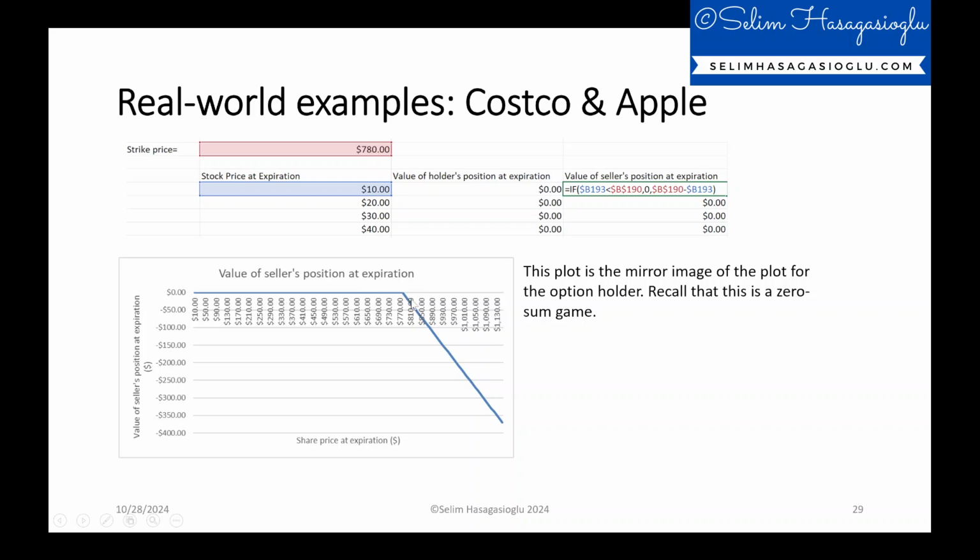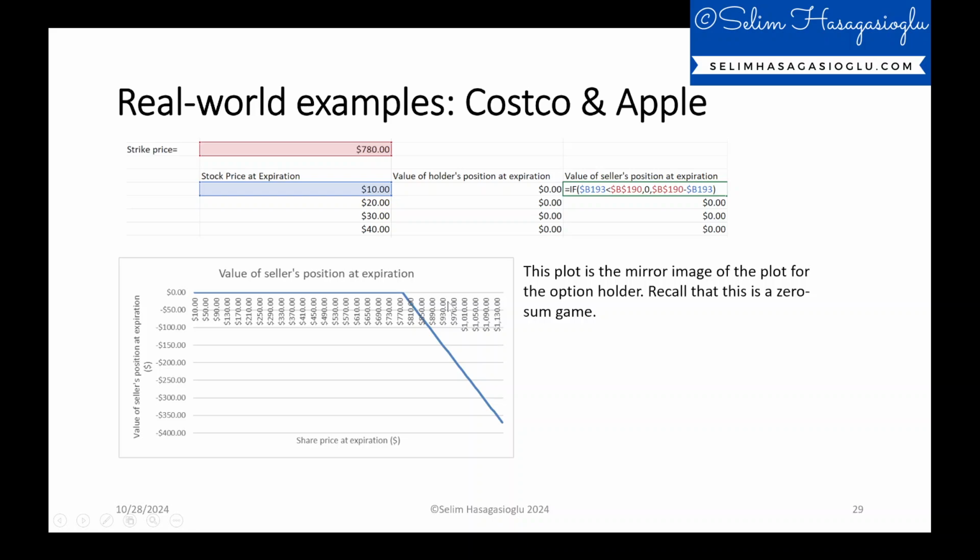But if the stock price exceeds the strike price, remember the call option holder will exercise the option. For example, when the stock price is $900, the call option holder will exercise the option, thereby buying a stock whose real value in the market is $900 for only $780, making a profit of $120 for each share.